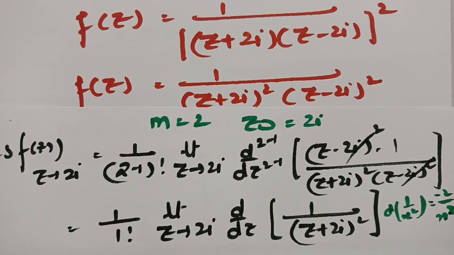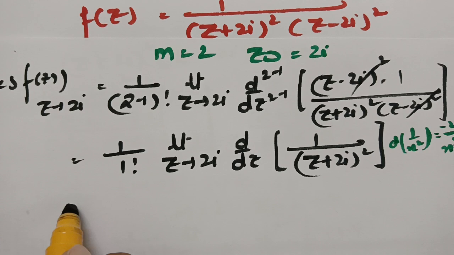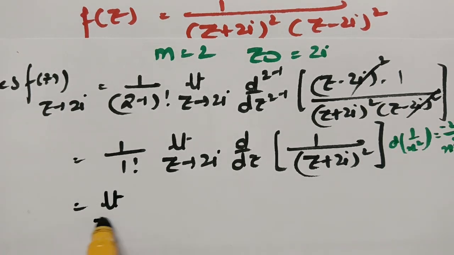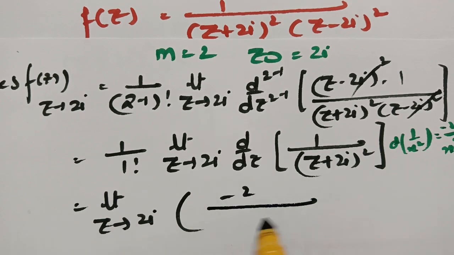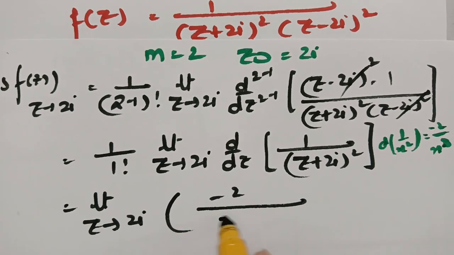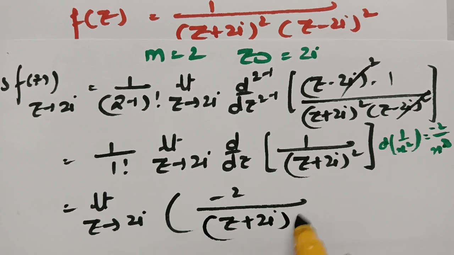Now this value will become 1 by 1 factorial, which is 1, limit z tends to 2i. The derivative for this is minus 2 by z plus 2i whole cube.